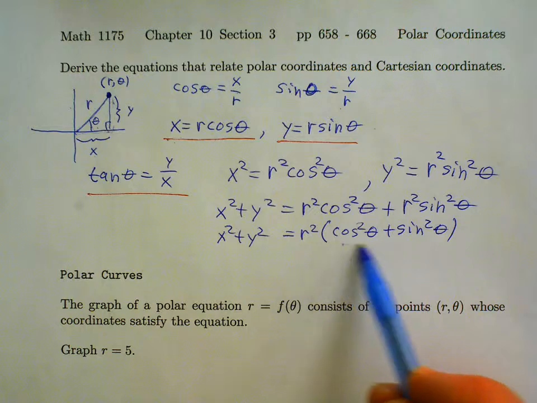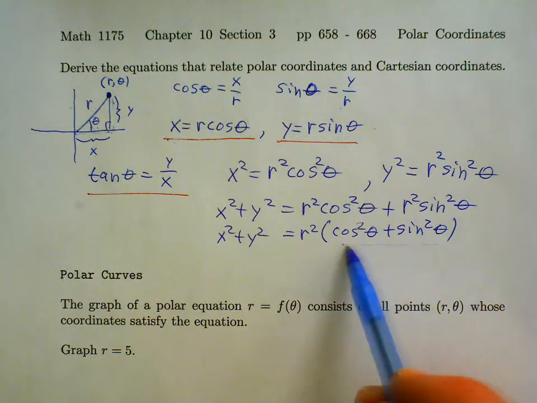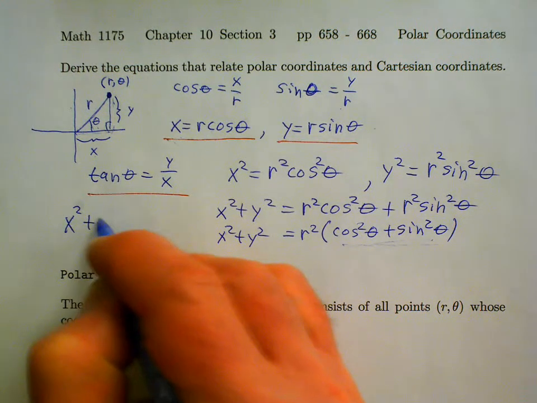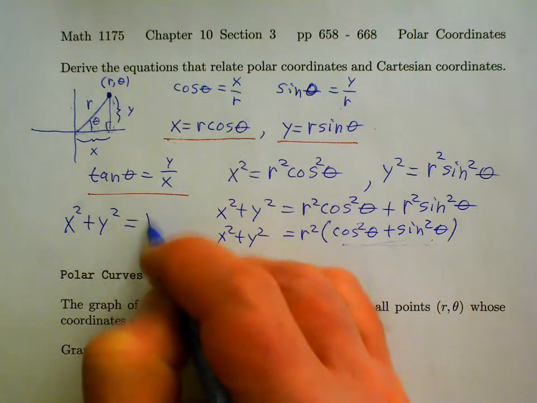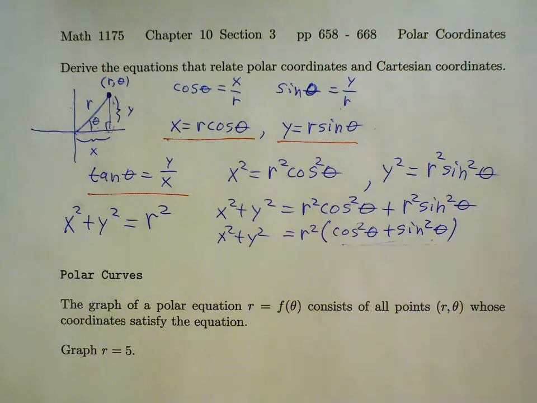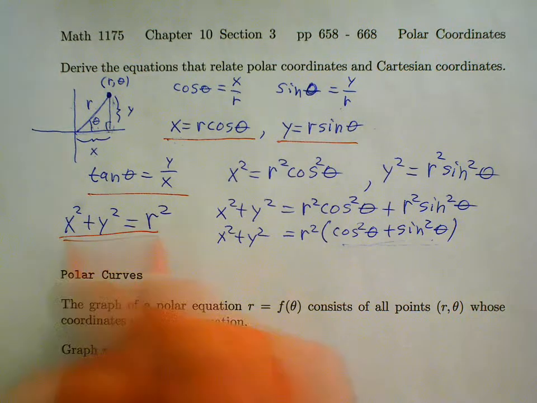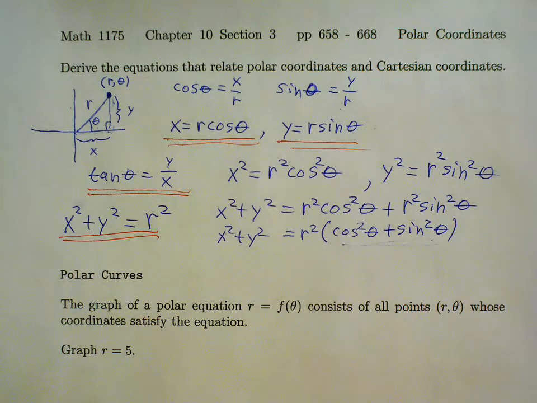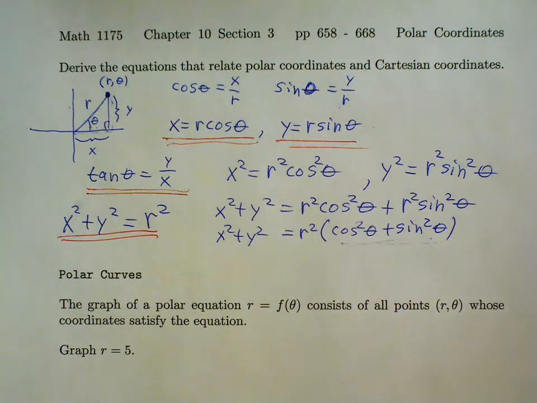And cosine of theta squared plus sine of theta squared equals 1. So our fourth equation is x squared plus y squared equals r squared. Okay, so that is the fourth equation that we use to relate polar coordinates to Cartesian coordinates.